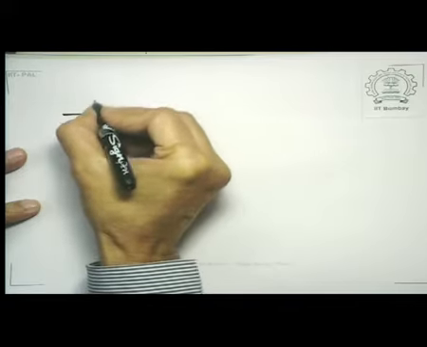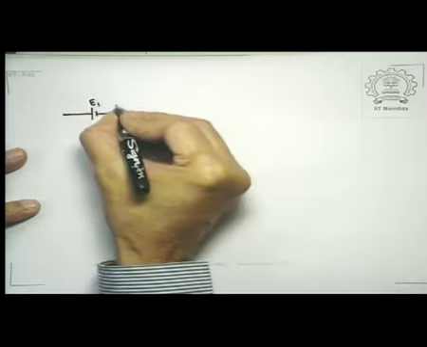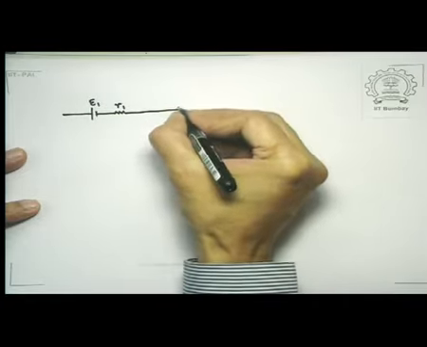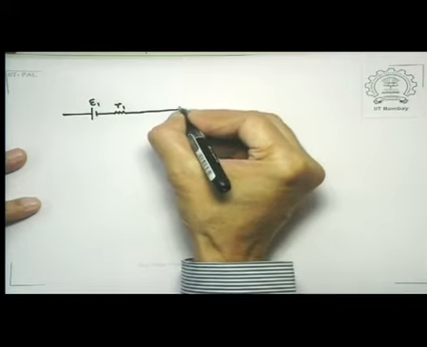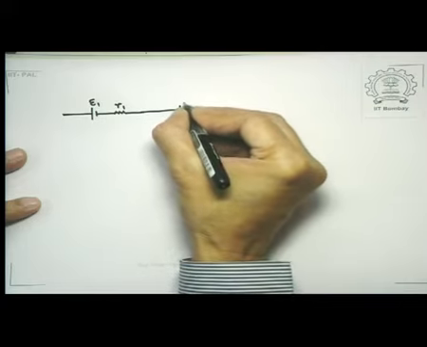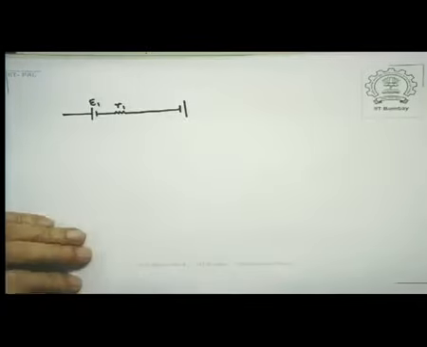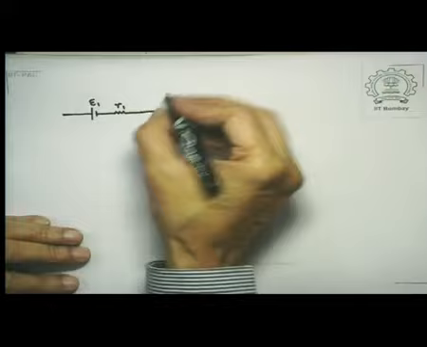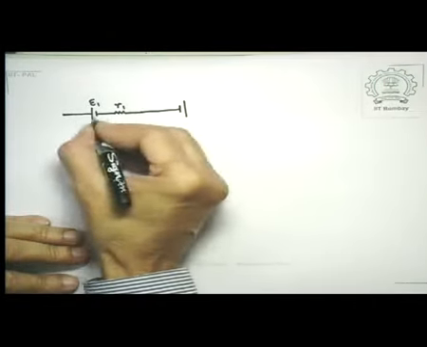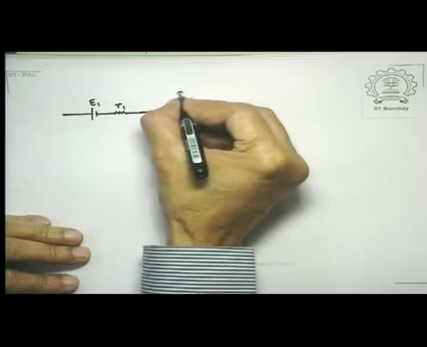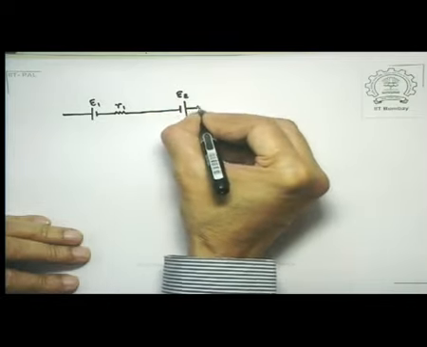So this is a seat of EMF E1 with internal resistance R1, and we connect this to another battery, but this time instead of connecting the negative terminal of one to the positive terminal of the other, we connect the two ends having the same polarity, and this is E2 with an internal resistance R2.